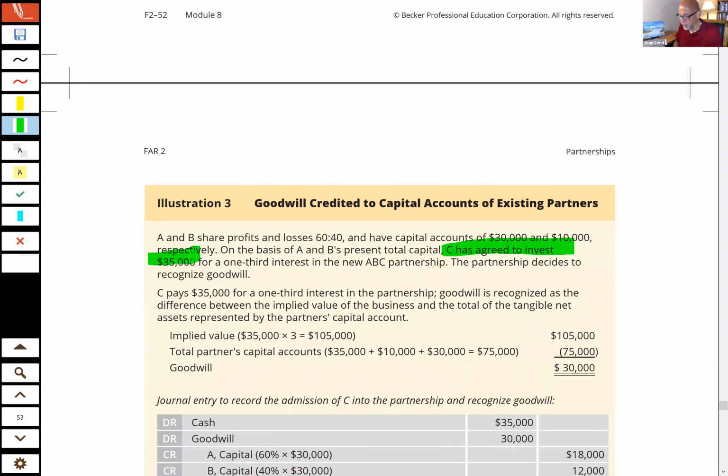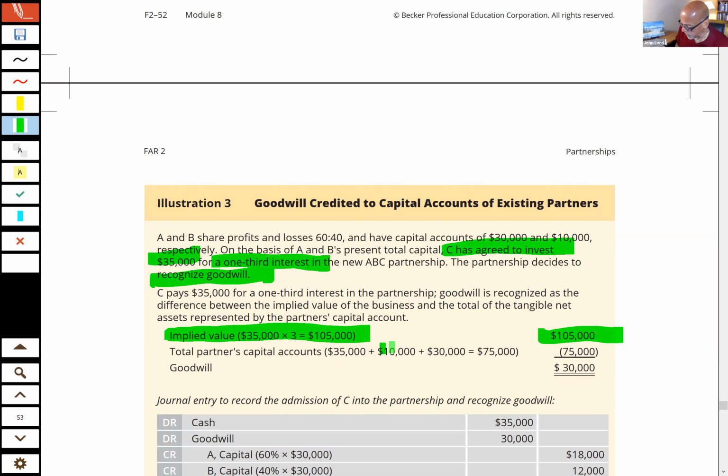Now they're telling us that C is going to invest $35,000 for a 1/3 interest, and they are going to recognize goodwill. Well, for the goodwill method, you say, look, if the dude's paying $35,000 for a 1/3 interest, then the partnership is worth 3 times $35,000. So that's $105,000.